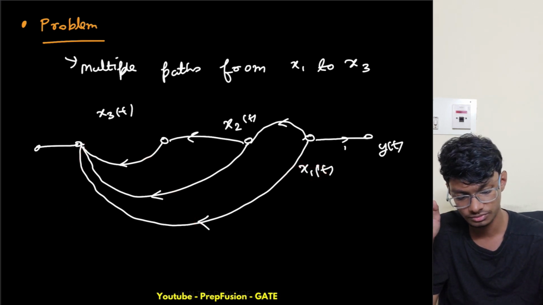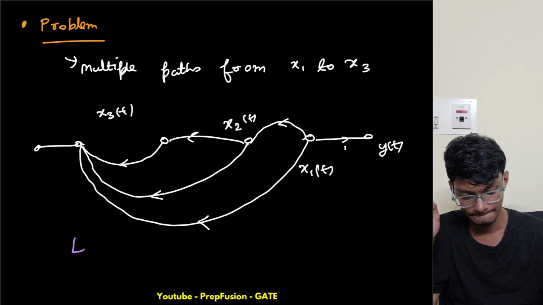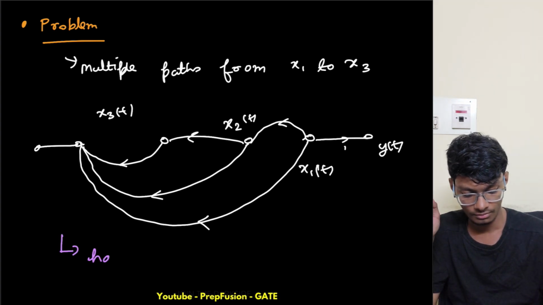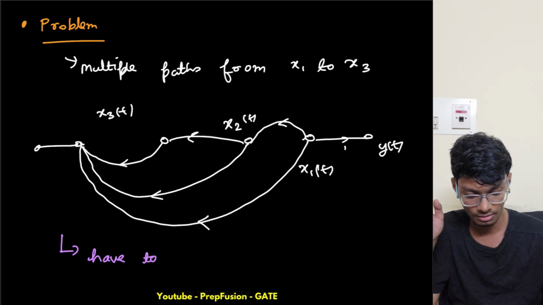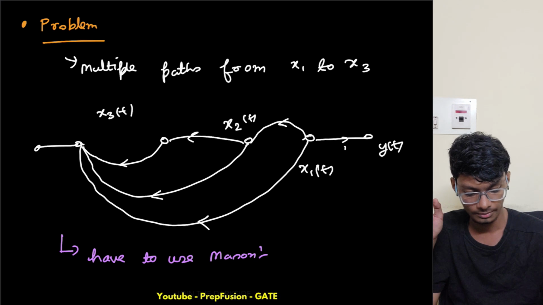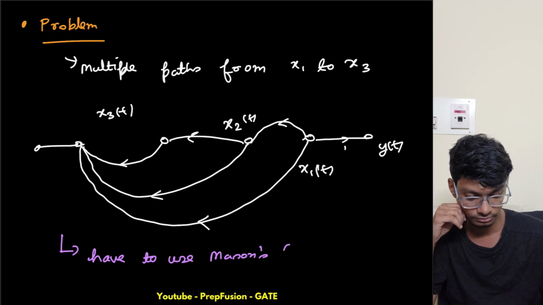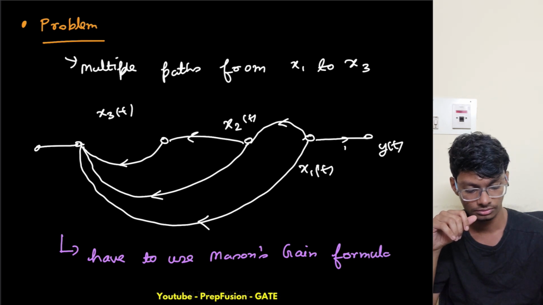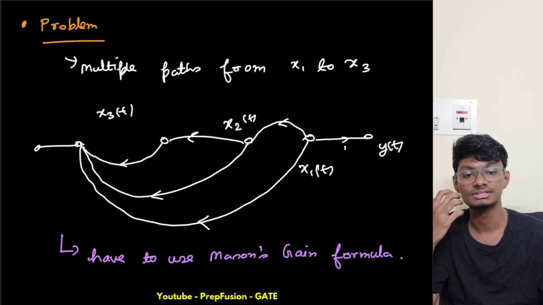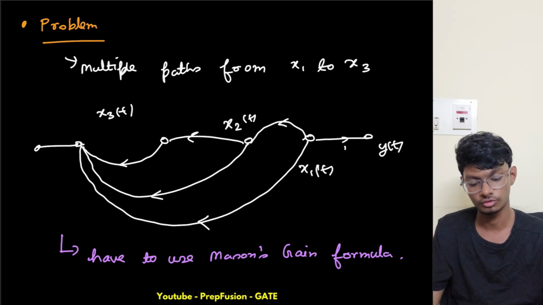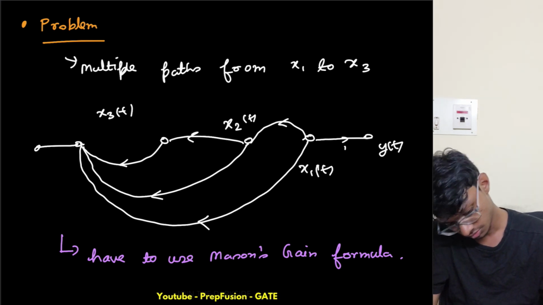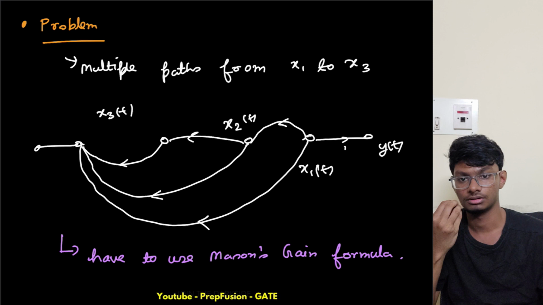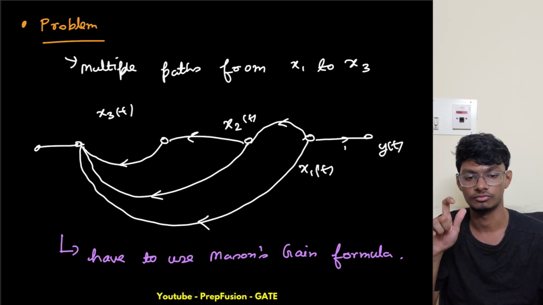So we have to use Mason's gain formula. For solving this, that is the main catch that we have to keep in mind.